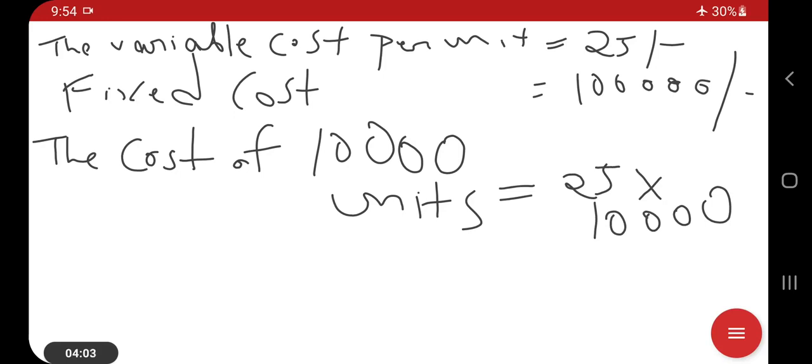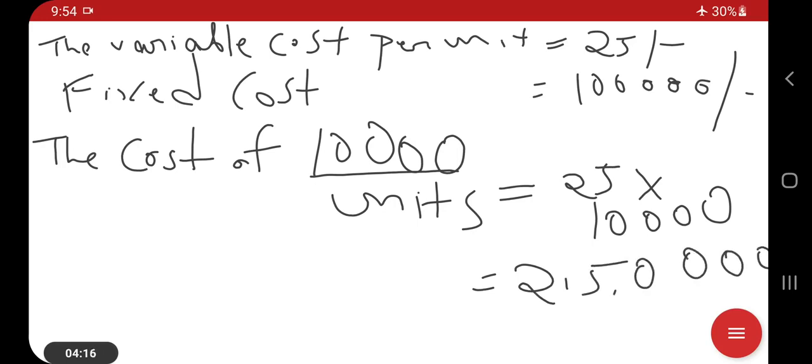This 10,000 is the number of units. Therefore, the cost of 10,000 units is equal to 2 lakh 50,000.